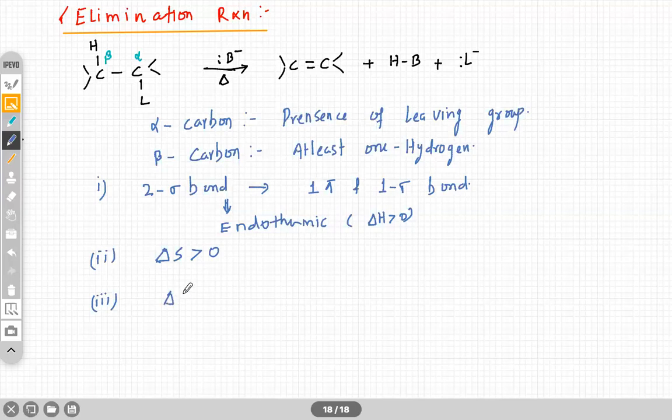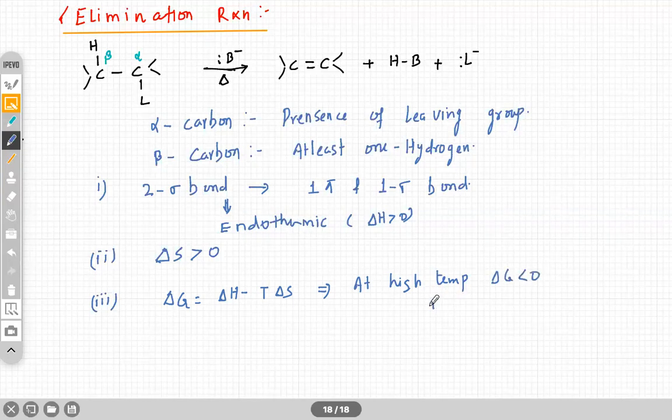If you write down this term, delta G equals delta H minus T delta S. For these two conditions, at high temperature, delta G is less than 0, and hence the reaction is spontaneous, a feasible reaction.